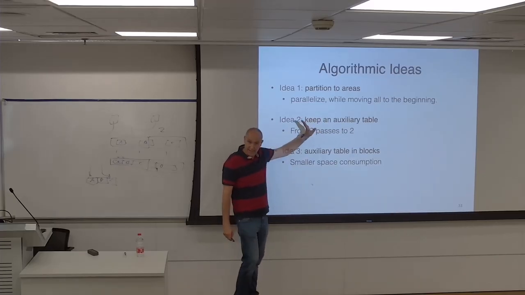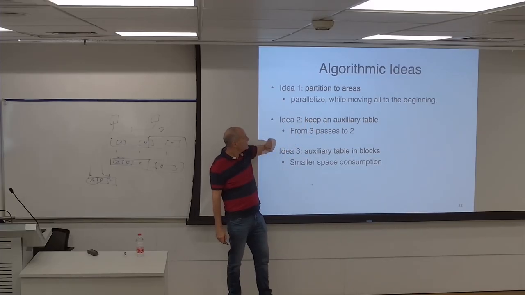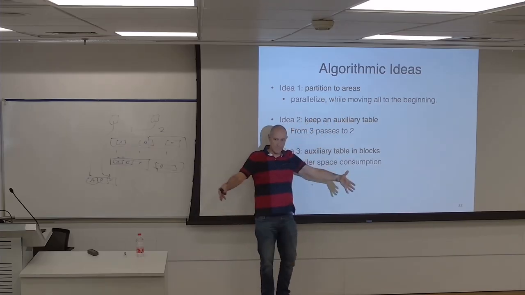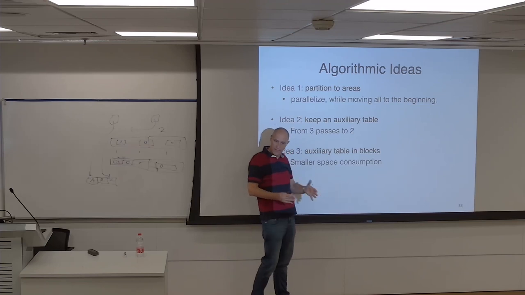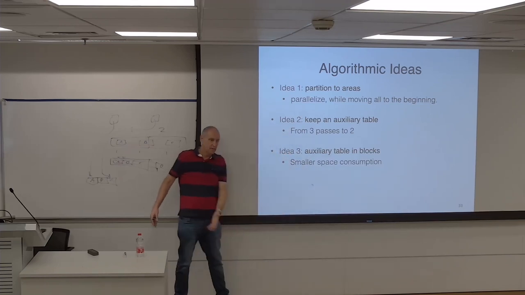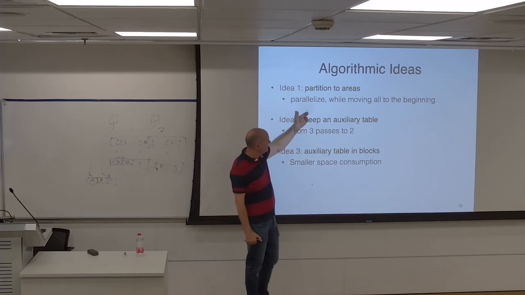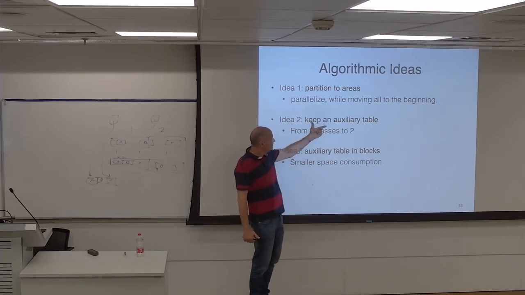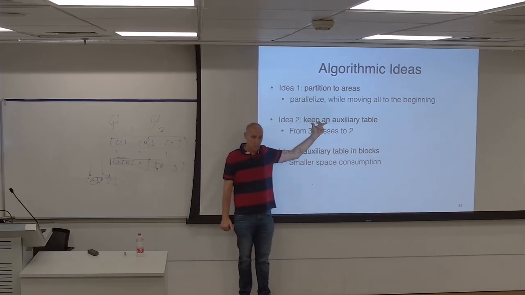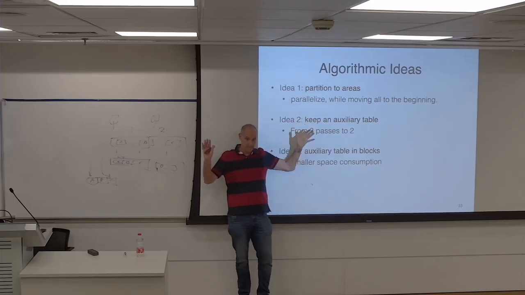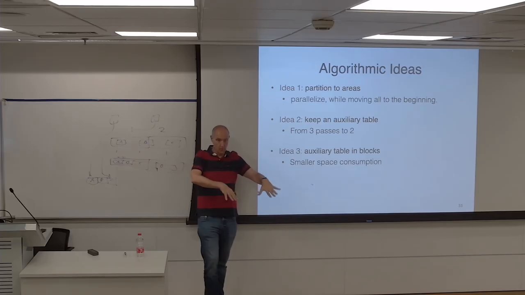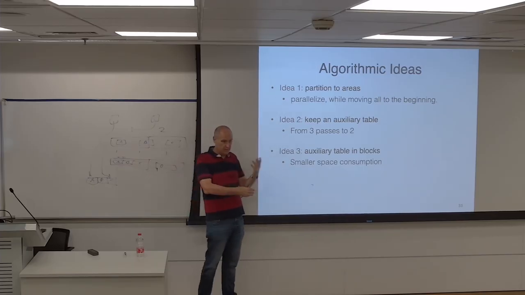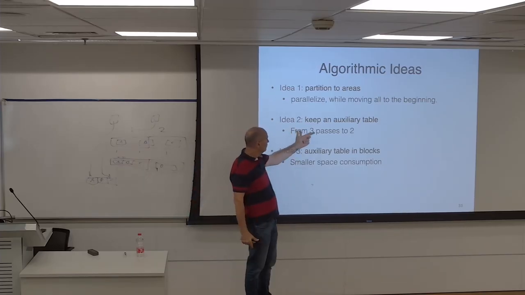And the algorithm ideas that we had: first, we use these areas and compact from one area to another area, and that's how we move everything to the beginning in spite of parallelism. We keep an auxiliary table, and that's how we don't need 3 passes, because we have an outside table and we don't overwrite things that we need inside the heap. So we move from 3 passes to 2.